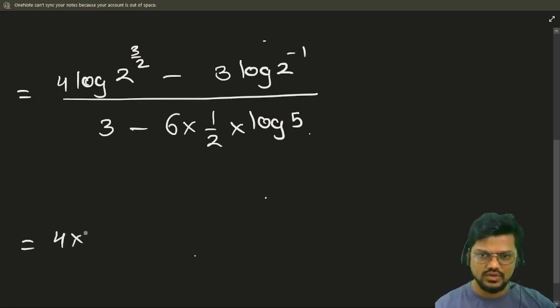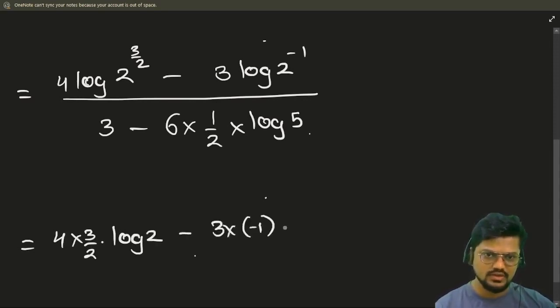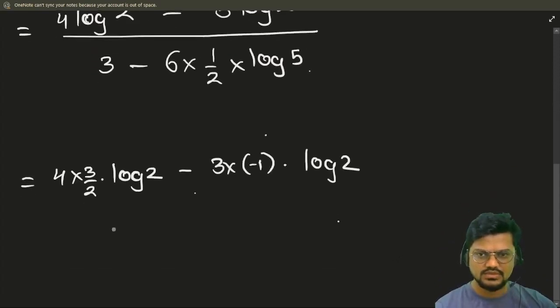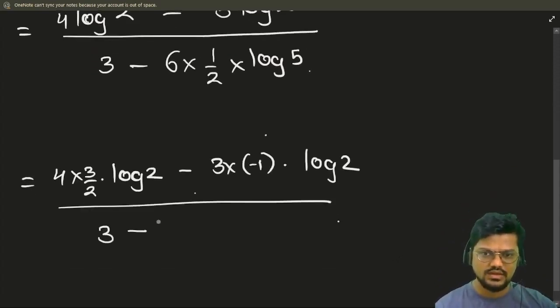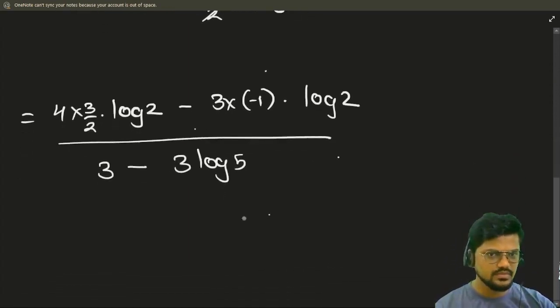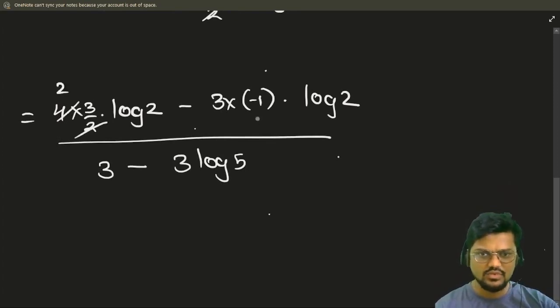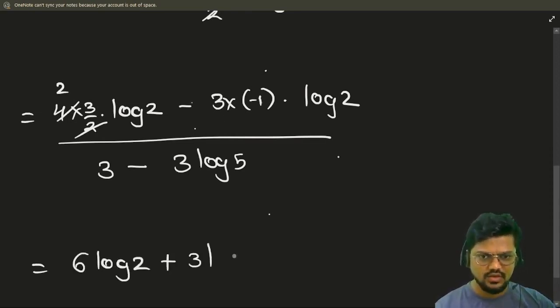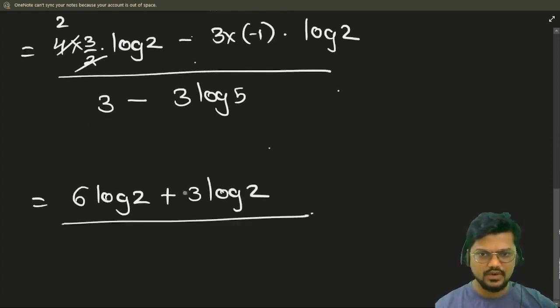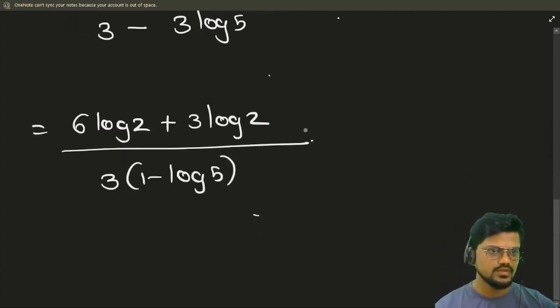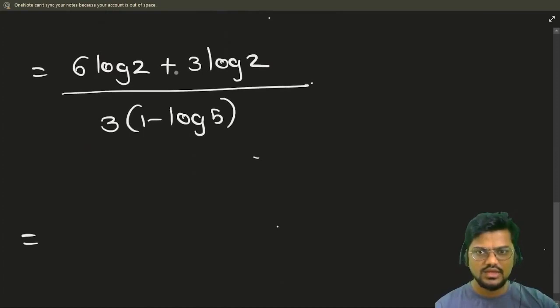So what you get: 4 into 3 by 2 into log 2 minus 3 into minus 1 into log 2, this whole divided by 3 minus, this and this get cancelled, 3 log 5. This can be cancelled, this will be 2. Now finally what you get: 2 into 3, that is 6 log 2, minus minus into minus is plus 3 log 2, upon, in this both 3 can be taken as common, 1 minus log 5, right?